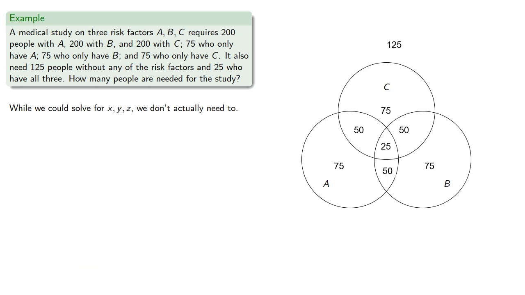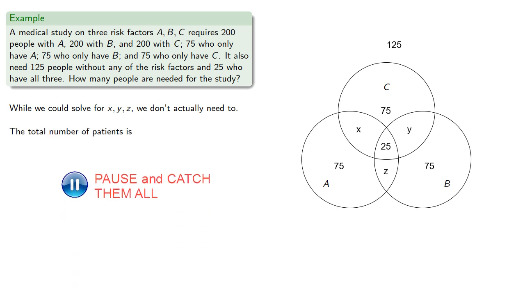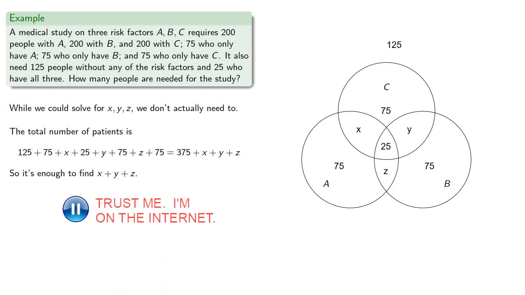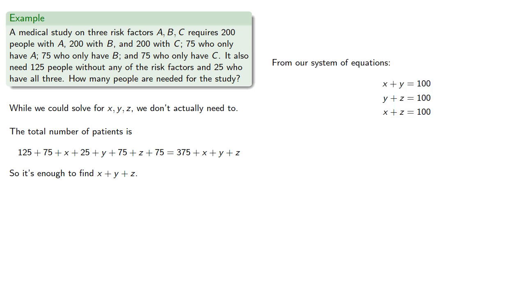Now, while we could solve for X, Y, and Z, we don't actually need to. Note that the number of patients is 125 plus 75 plus X plus 25 plus Y plus 75 plus Z plus 75, or 375 plus X plus Y plus Z. So it's enough to find this sum X plus Y plus Z. And note that from our system of equations, if we add them all together, we get 2 times X plus Y plus Z, and if we divide by 2, we get the sum.